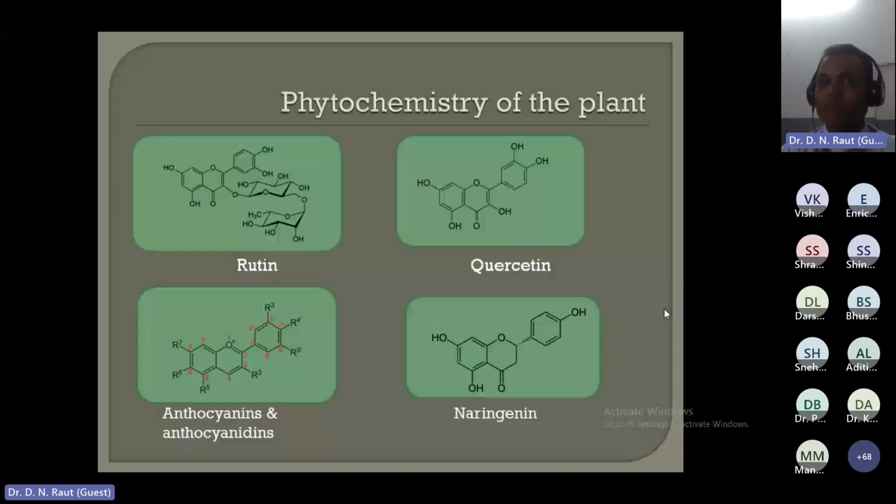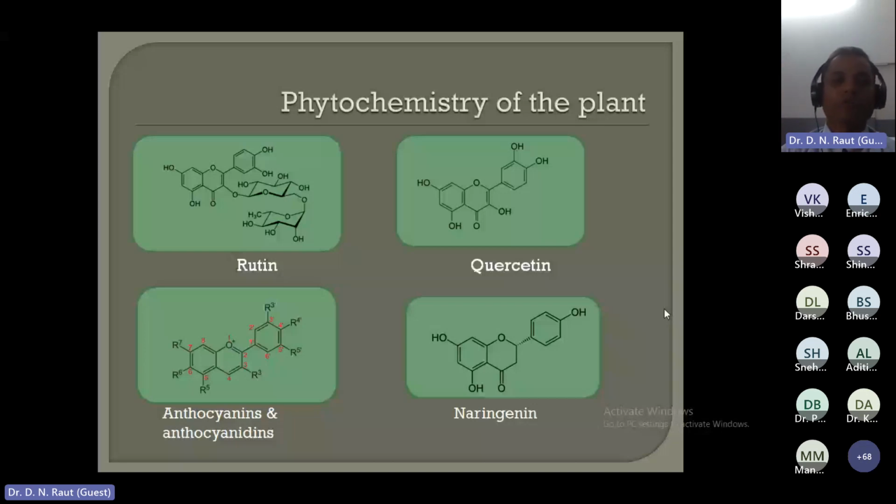In case of phytomedicines or plant-based drugs, we have a lot of examples of phenolic compounds. These phenolic compounds again have limitations in their absorption. So we can use this technology for such drugs. For example, take rutin and quercetin.